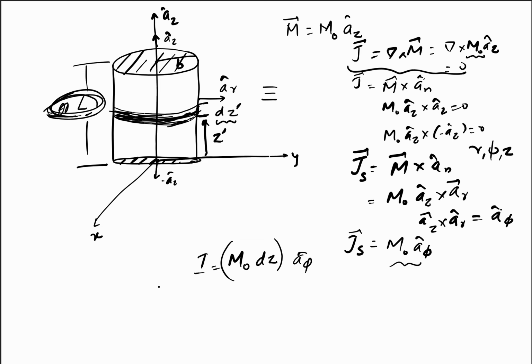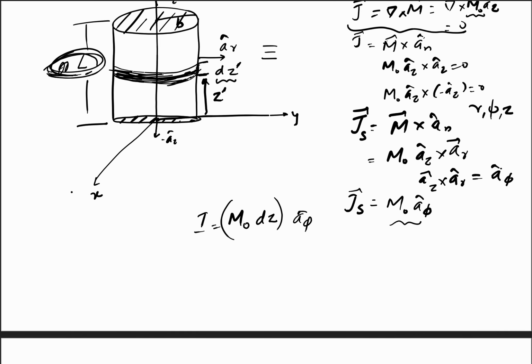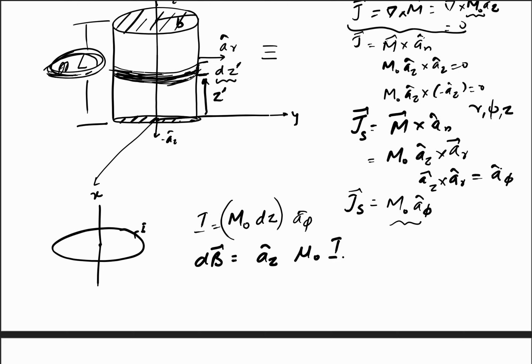Now we have solved a similar numerical example: a current carrying ring with current I is going to have a magnetic field on its axis given by az mu naught I b square over twice of z square plus b square power 3 by 2.